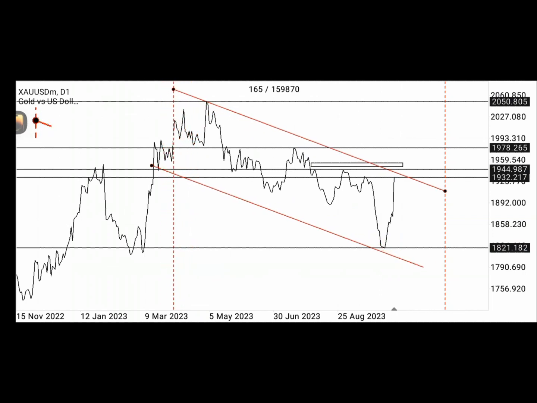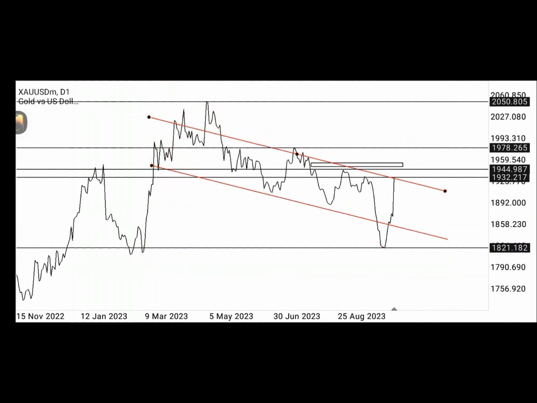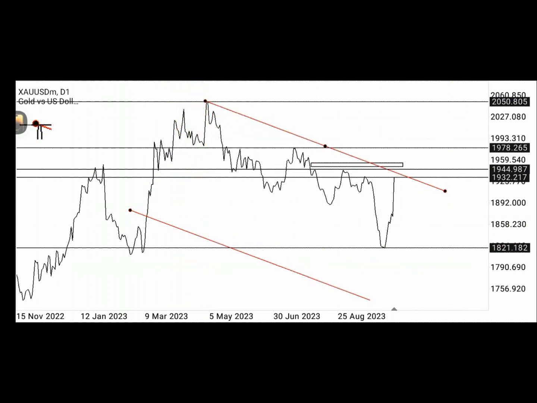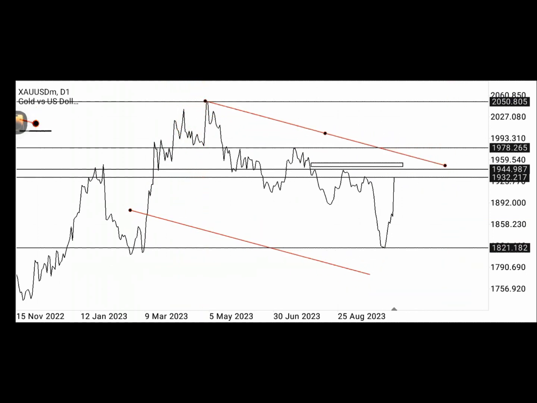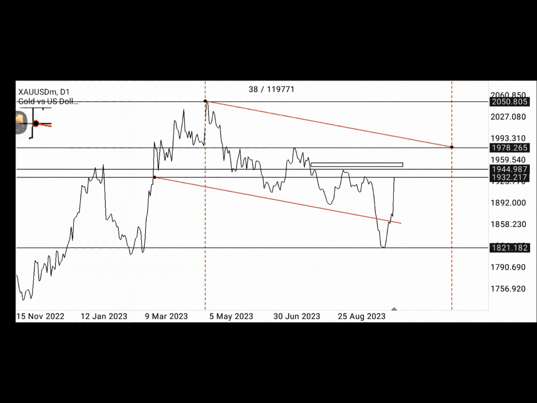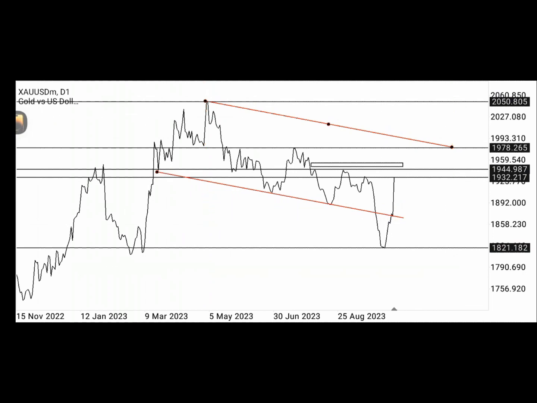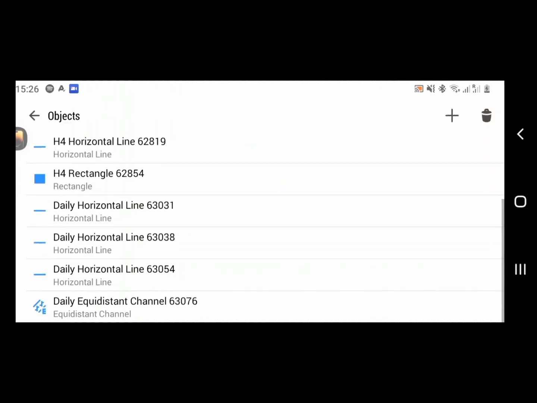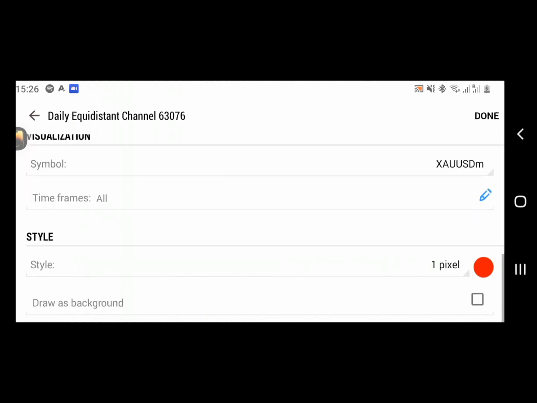What I'm doing by drawing the equilateral channel is basically for me to have an idea as to where my horizontal support and resistances will lie, because that is exactly how price was moving previously before the war, and price was below the support of the equilateral channel.